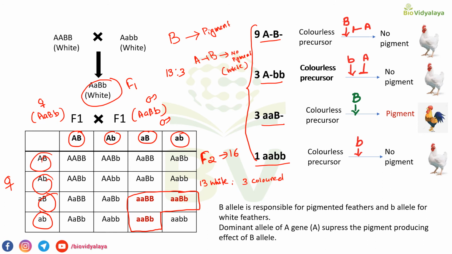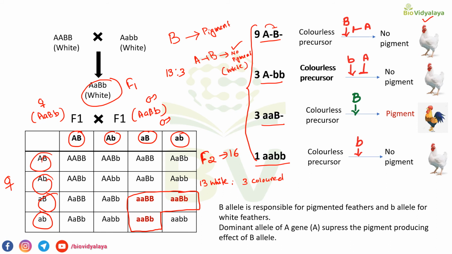See here, in this first genotype, both the dominant form of the gene A and B are present. So this dominant form of gene A will inhibit the expression of this dominant form of the gene B. So there is no pigment production. So white color.